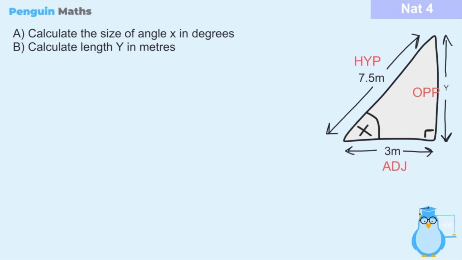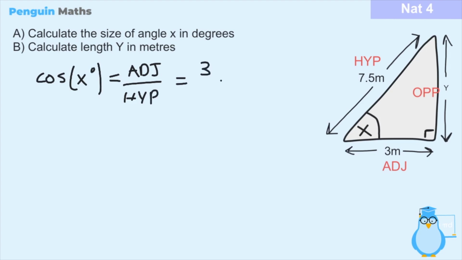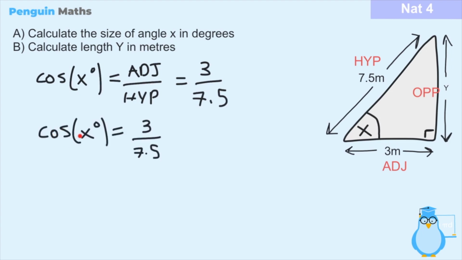So we can write that out as the cos of x is equal to the adjacent side over the hypotenuse, and that is equal to 3 metres divided by 7.5 metres.